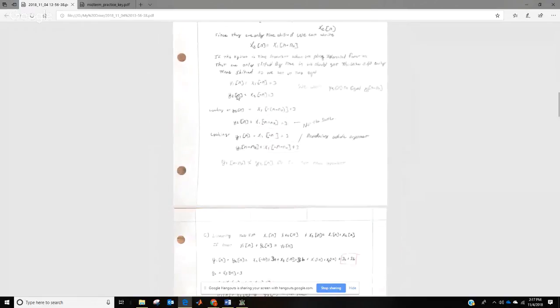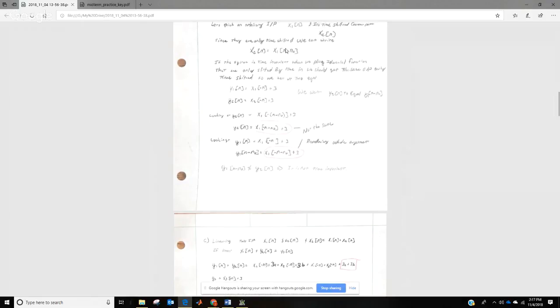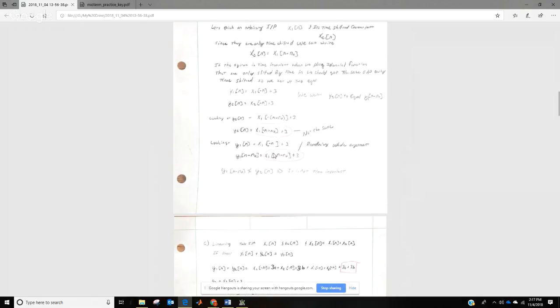So we plug in x2 of n first. We take this from the equation and plug it in here to come up with this equation. And then we factor out the negatives, and we get y2 of n is equal to x1 of negative n plus n0, or n naught, plus 3.